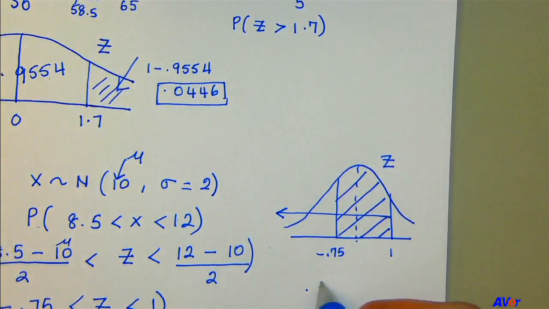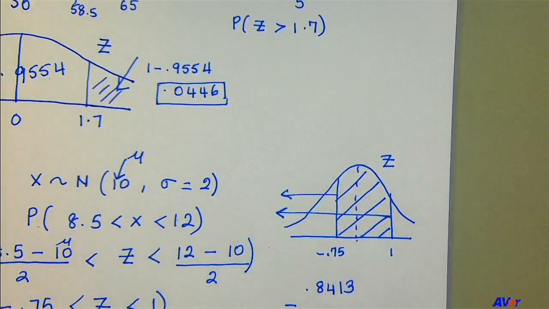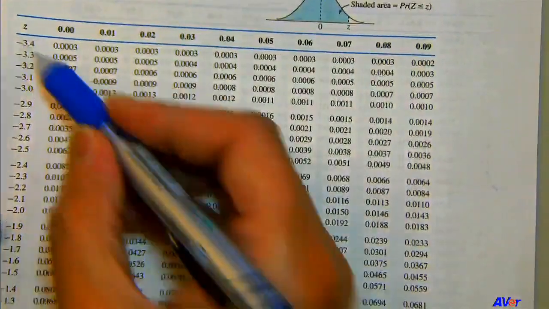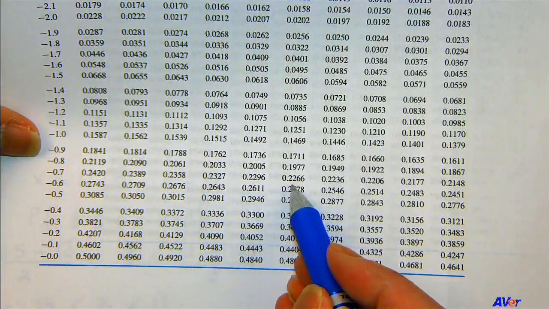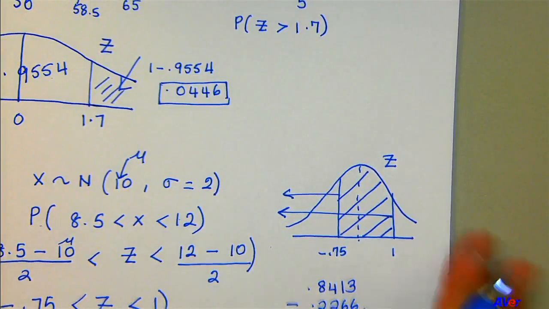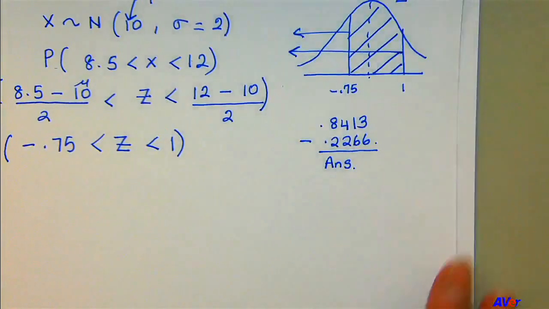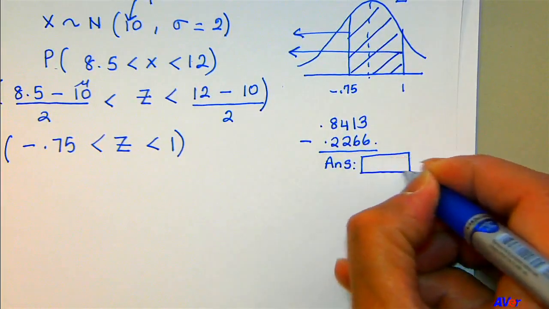We already know it's 0.8413, or you can look it up. And then let's go look up minus 0.75, which is minus 0.7, and the 05 column gives me 0.2266. 0.2266. And subtract and get your answer. Follow me?